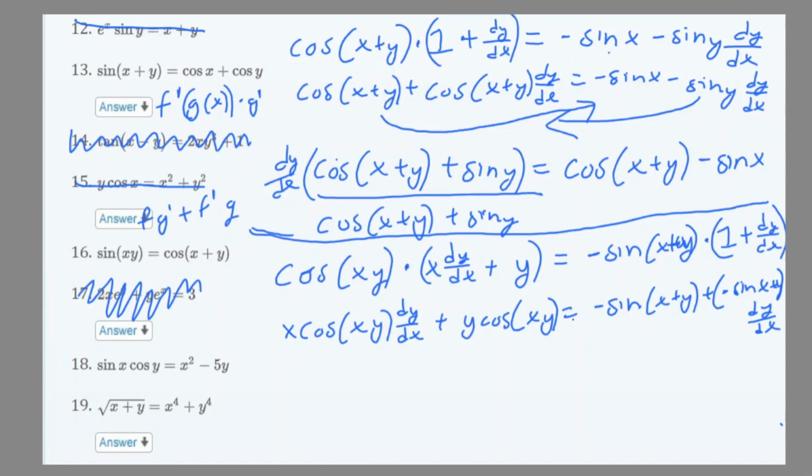So now what we're going to do is get the dy dx on one side. So we're going to take sine x plus y dy dx and put it on the left side, and then y cosine xy put it on the right side.